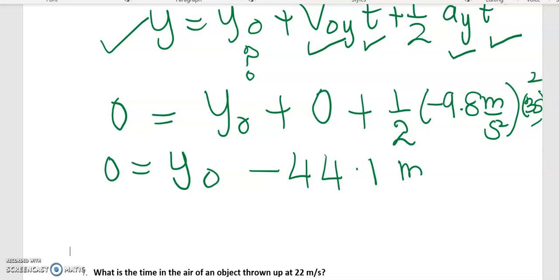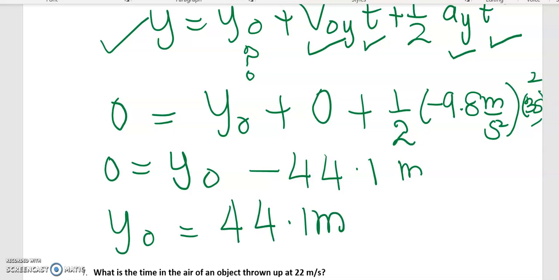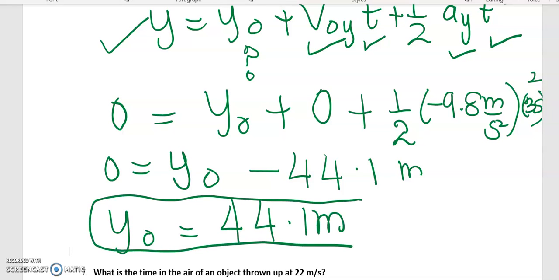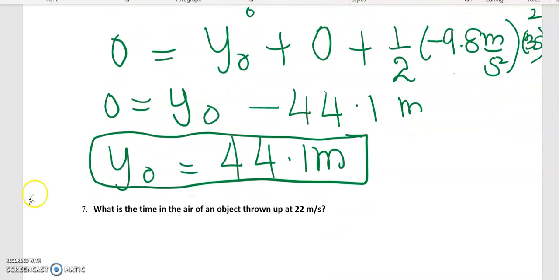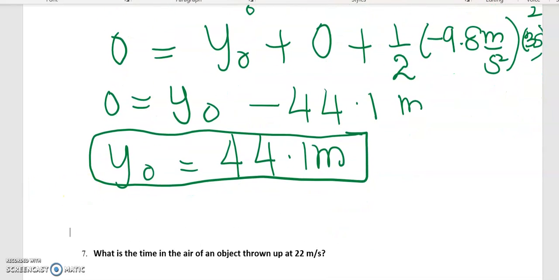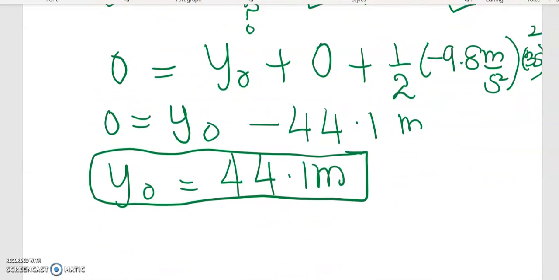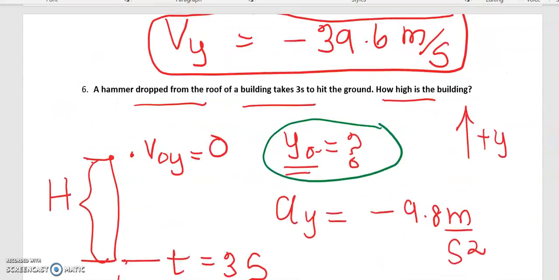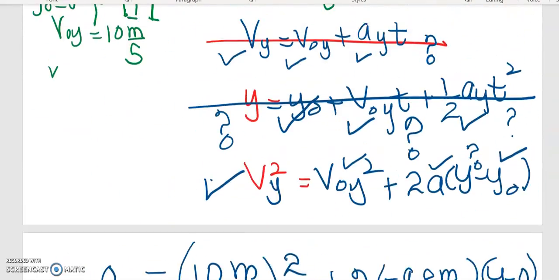You can say second squared will cancel out with second squared. So initial y position is equal to 44.1 meters because we have to add that number to both sides. Okay, alrighty, so that's our number 6. Okay, so we discussed number 4, 5 and 6.